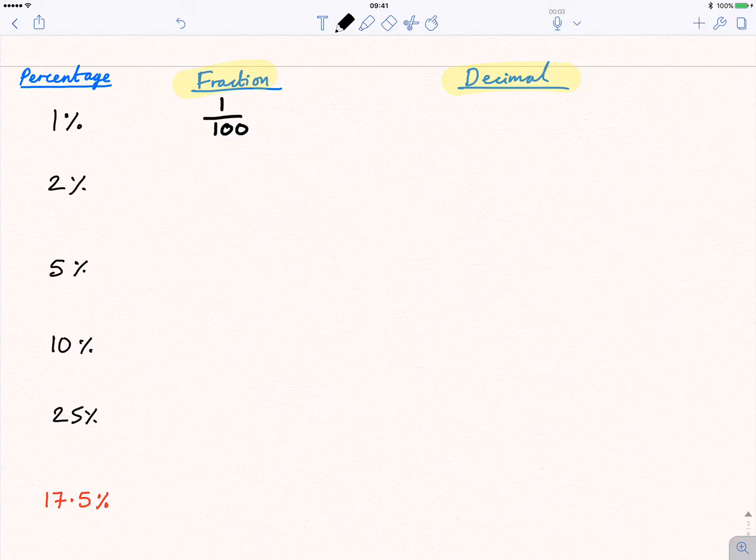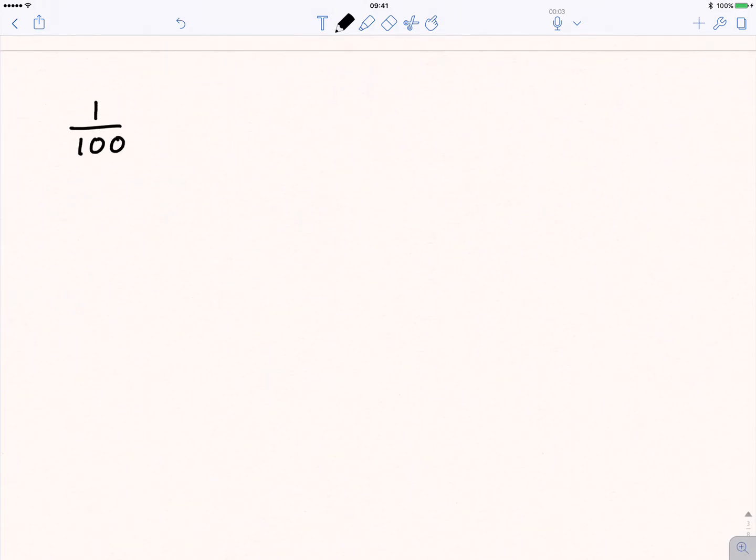Now remember, every fraction is actually a division. So when we have 1 over 100, the numerator is actually also the dividend, and the denominator is actually the divisor.